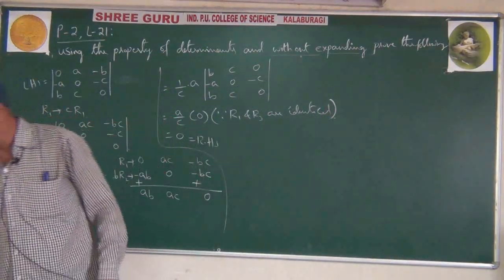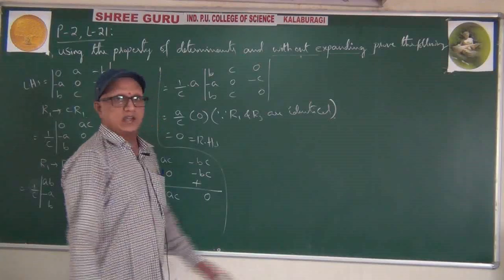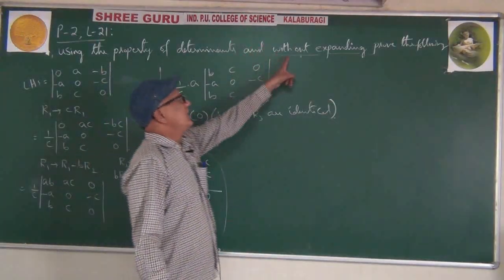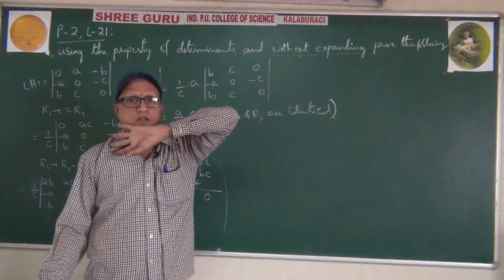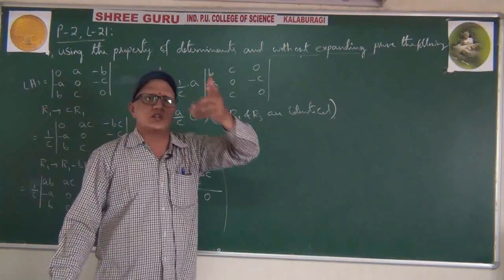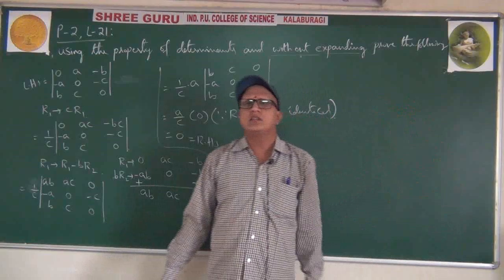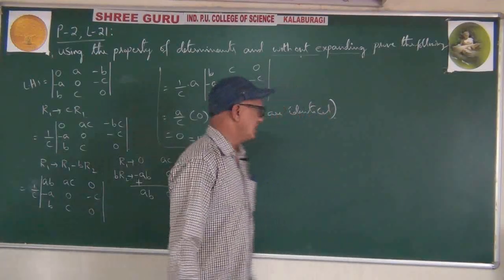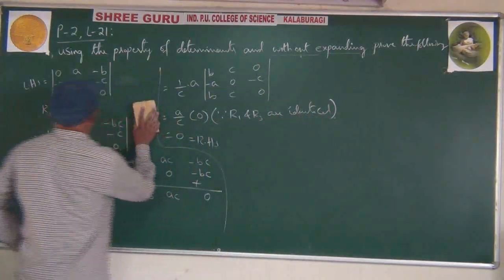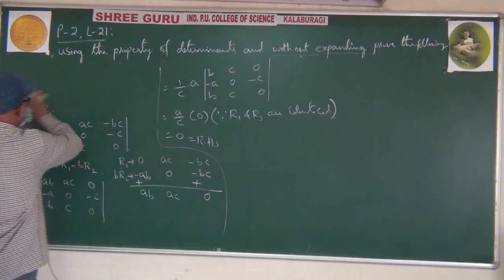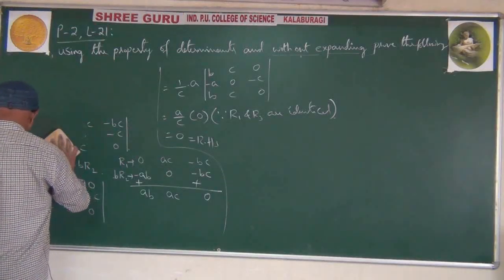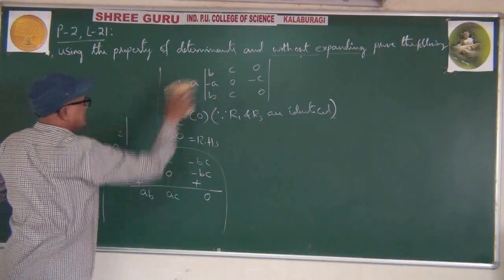Next question. This exercise will not be over with this; the without-expansion concept will be over. In the next questions, let us use the properties, then let us expand. Okay? In this concept, the last question. In this concept, meaning the without-expansion concept.